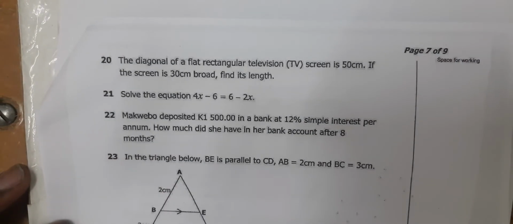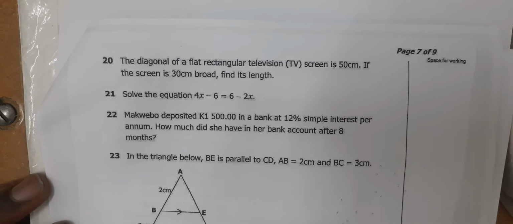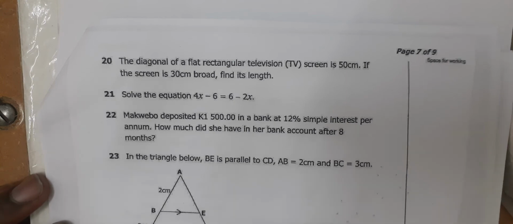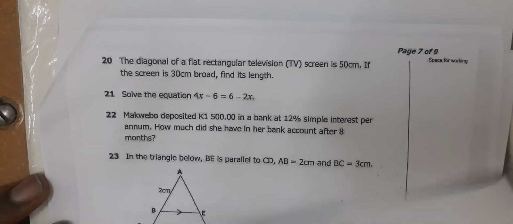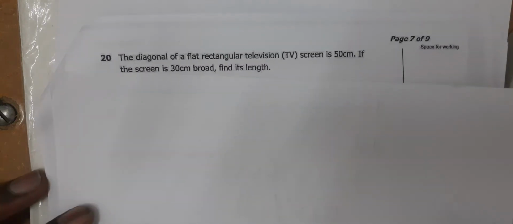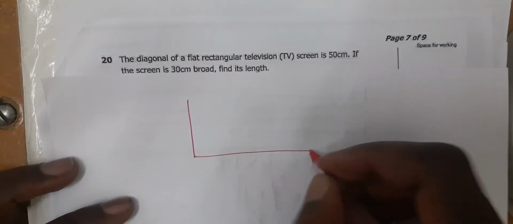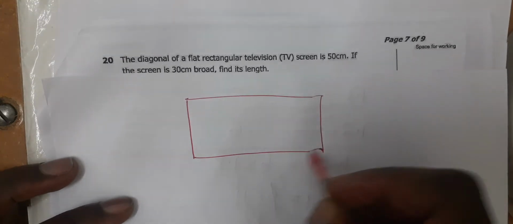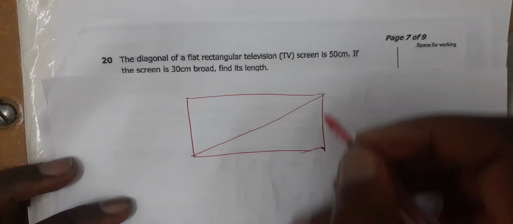Then we have the diagonal of a flat rectangular television screen. This is what they are trying to tell us here. You have a rectangle, then the diagonal, which is this one.